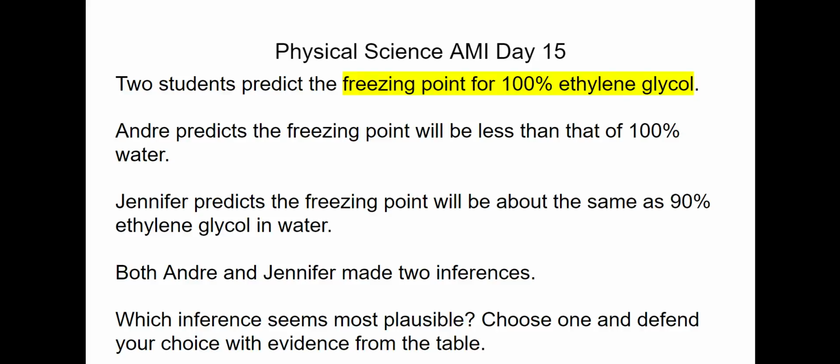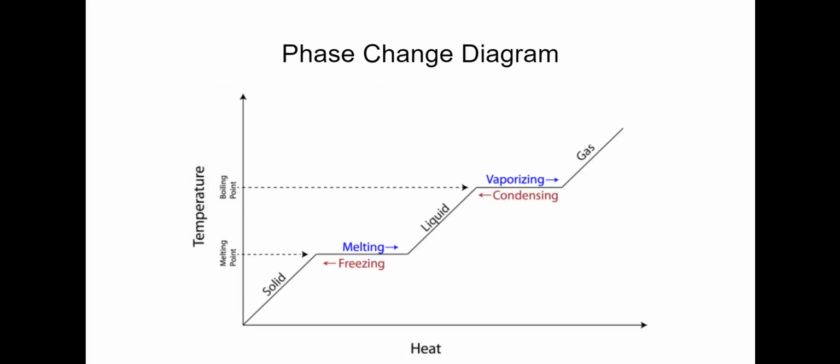If you recall back in physical science class, we were learning about phase changes and melting points and boiling points a little bit. So you may recall these three common phases of matter: solid, liquid, and gas. That's what this problem is related to, specifically the freezing point.